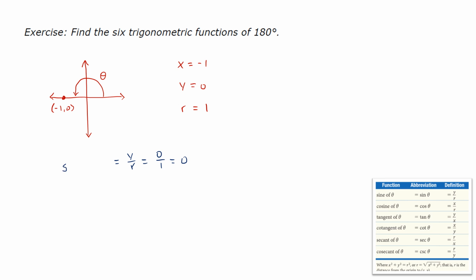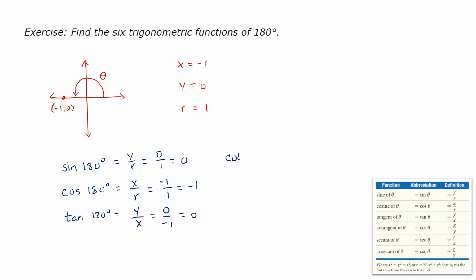So we know the sine of 180 degrees is 0. The cosine of 180 degrees is x over r, which equals -1 over 1, which is -1. The tangent of 180 degrees is y over x, which is 0 over -1, which is 0.